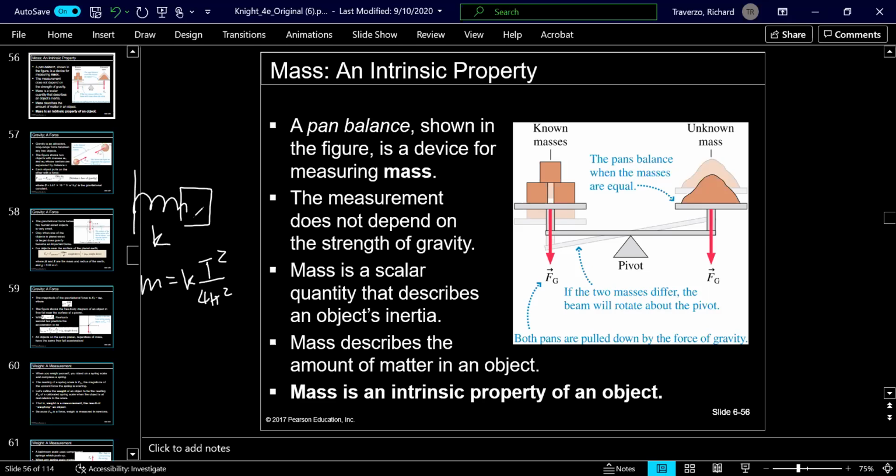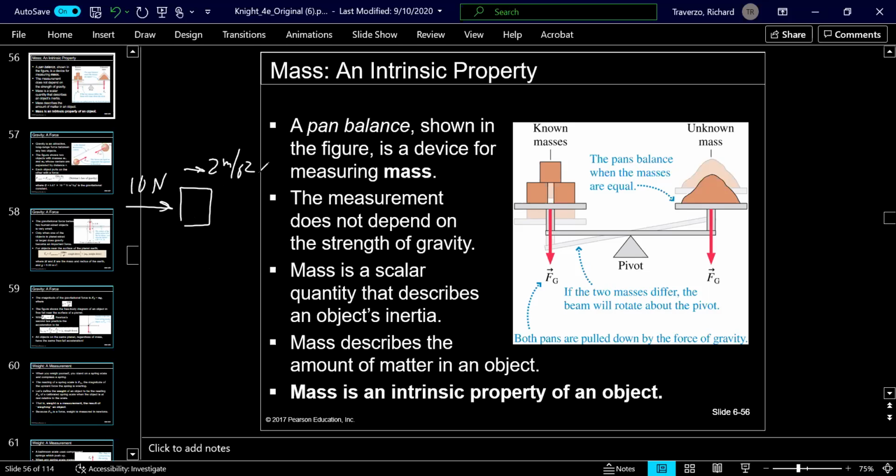But even if you didn't have a spring, you could still measure the mass of this square. And the way you can do that really illustrates what mass is. All we're doing is applying a force, say 10 newtons, and observing an acceleration, 2 meters per second squared. That's it. That's called the inertial mass of an object.